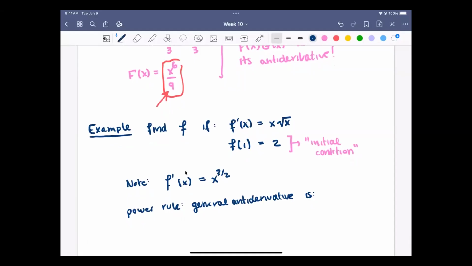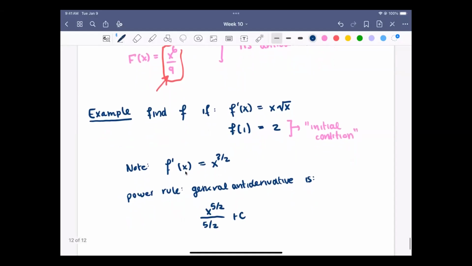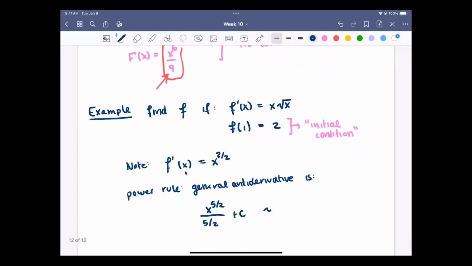And then we also need to divide by that number. So we get x to the 5/2 divided by 5/2 plus c. So I'll just rewrite the denominator. So we get 2/5 x to the 5/2 plus c for our general antiderivative.